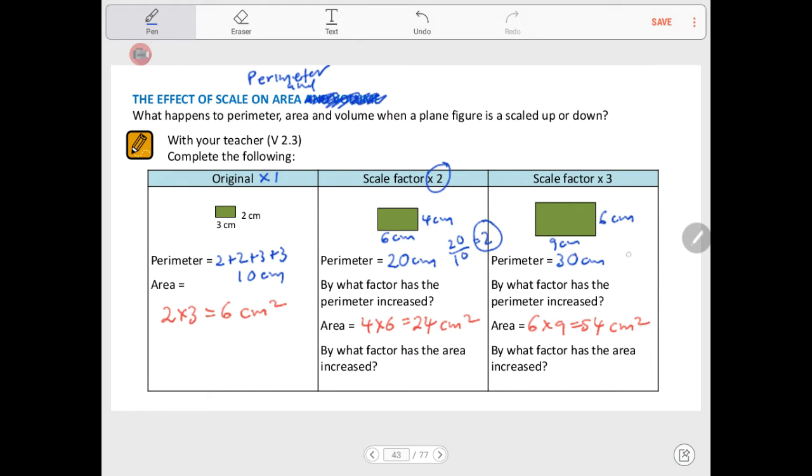Does that work for the last one? Let's see. 30 over the original 10, so we're always dividing by the original. That's 3, so it does match. So it seems that if we increase a shape, the perimeter will increase by the same factor as the scale factor.